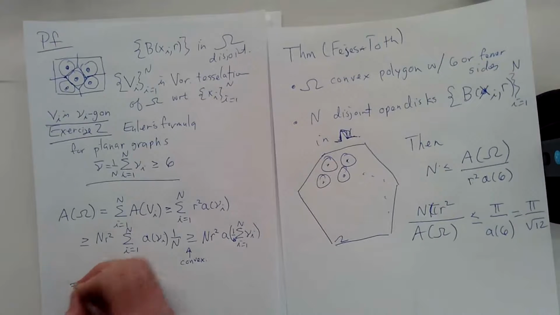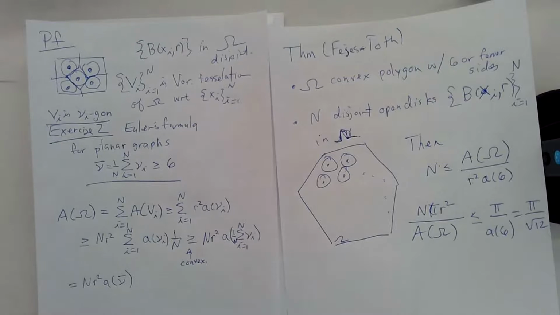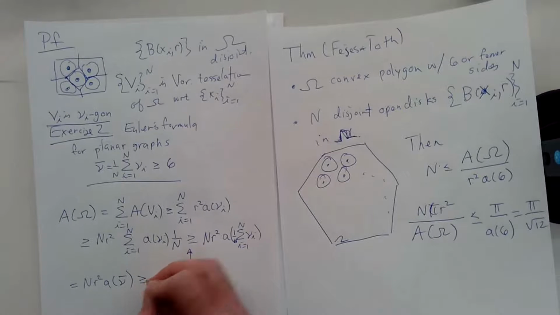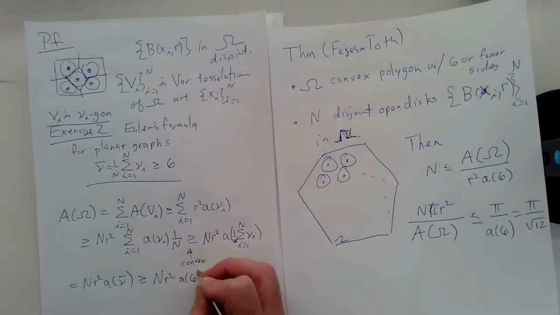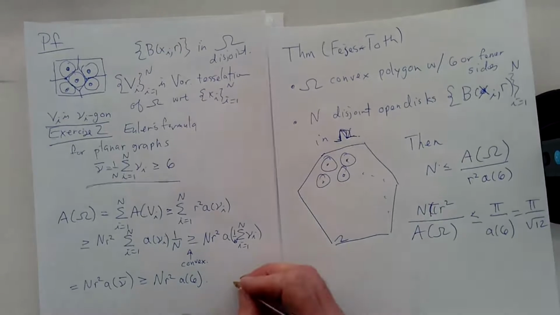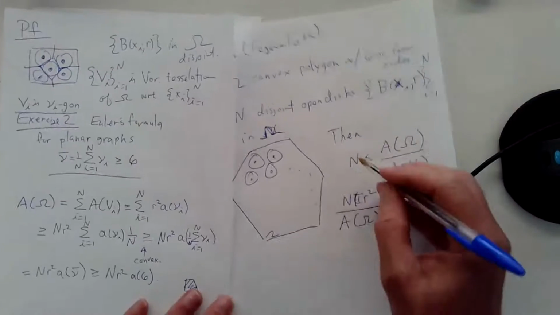So that is n r squared A of nu bar. Now nu bar is bigger than or equal to 6, and A is decreasing, so this is bigger than or equal to n r squared A of 6, and that is equivalent to this.